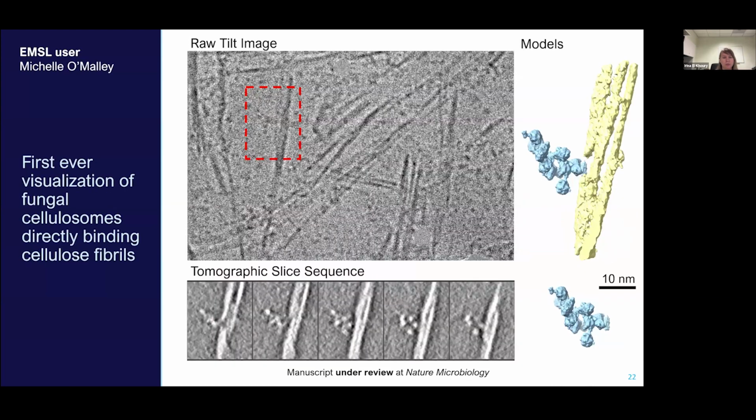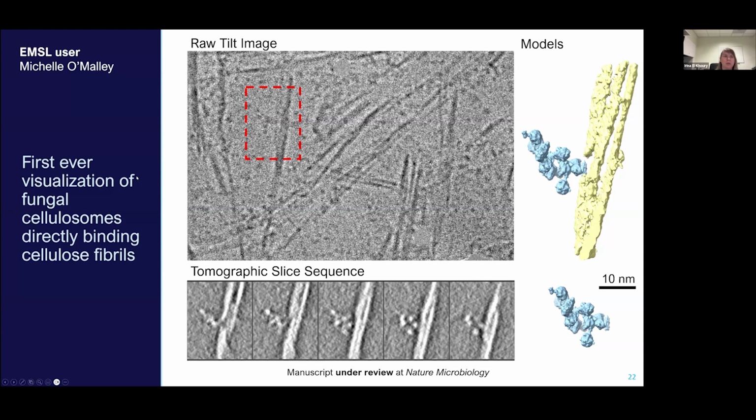Just shifting a little bit from the functional annotation, we want to highlight our cryo-EM capabilities. We have also used cryo-EM to begin structurally characterizing fungal cellulosomes, and this was done in collaboration with Michelle Amali.